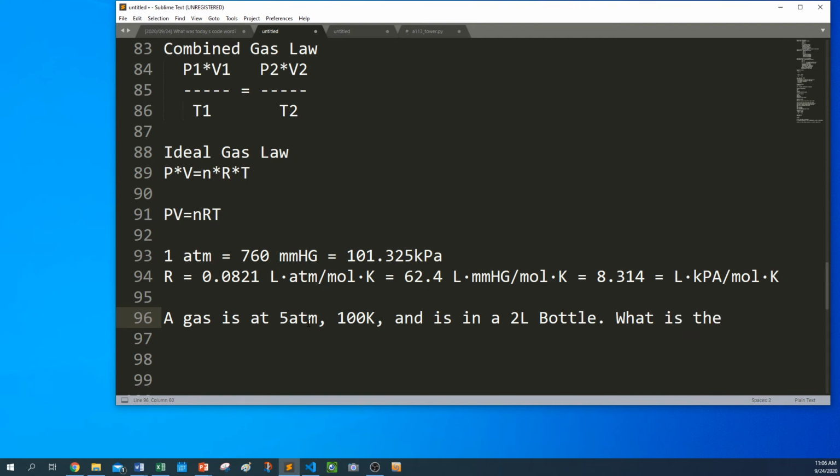What is the volume of the bottle at STP?